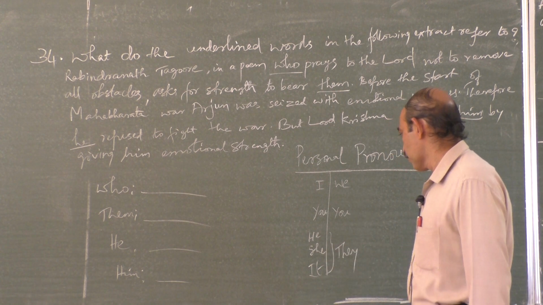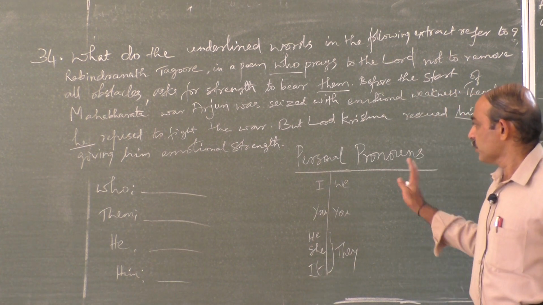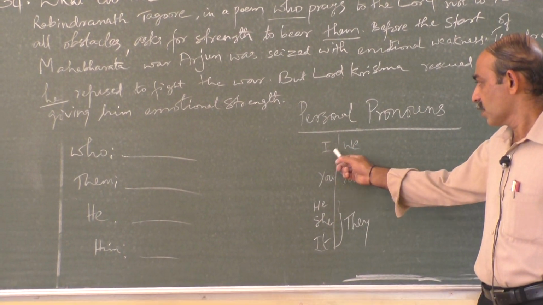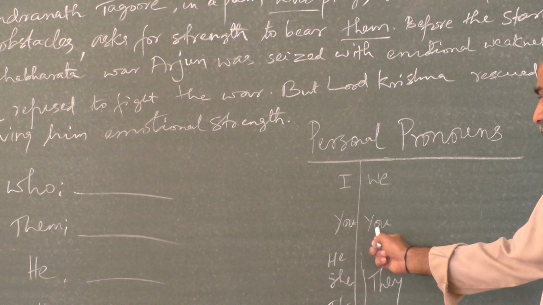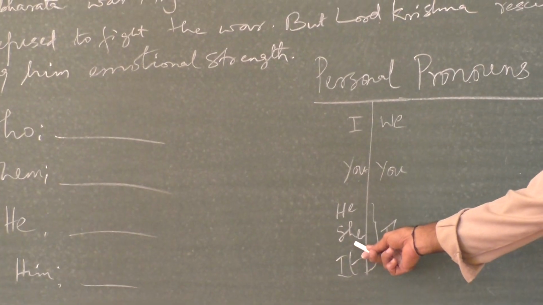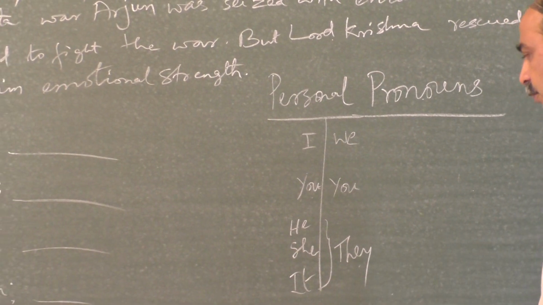This knowledge is required to understand the chapter personal pronouns. Singular, plural. You, singular and plural, both are one and the same. He, she, it: he masculine gender, she feminine gender, and it neuter gender, and they the plural.